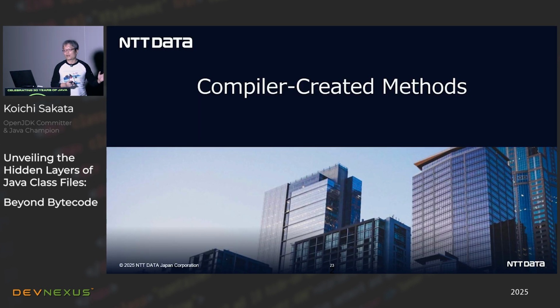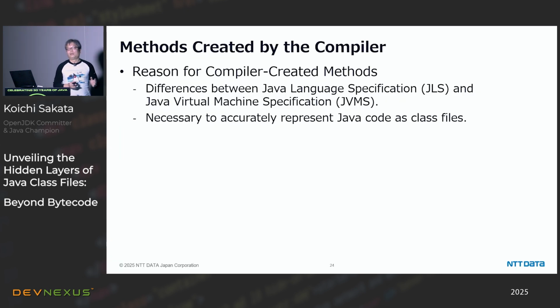Next, let's talk about the methods created by the Java compiler. The compiler creates methods on its own due to differences between the JLS and the JVMS. By creating these methods, the compiler can represent the contents of Java code as class files.